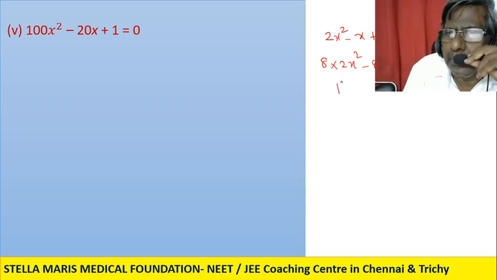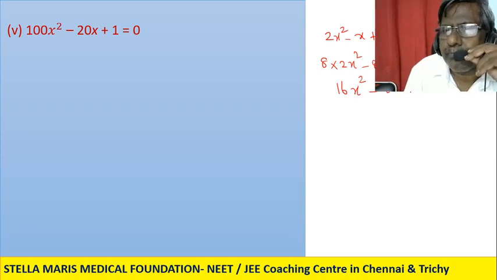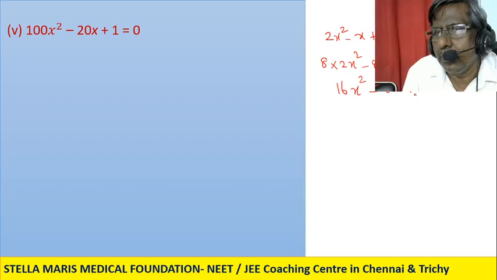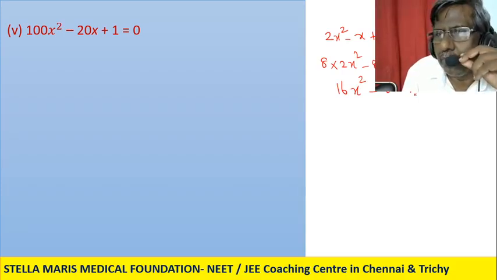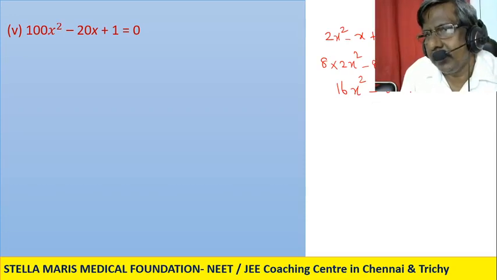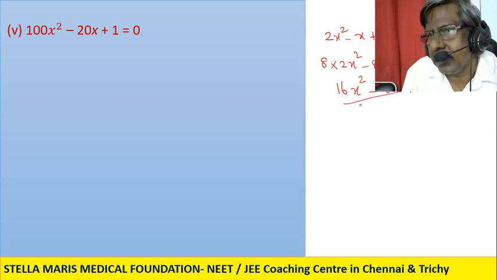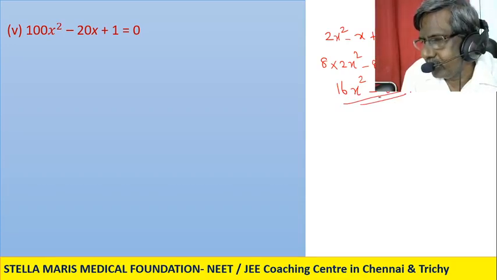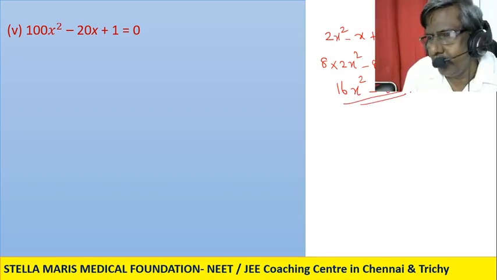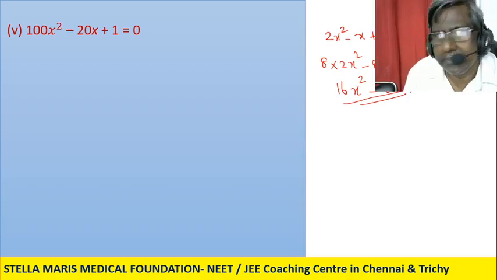The rest of the equation can be formed like this: 16x square minus 8x plus 1 is equal to 0. Now it can be written in factors, you can solve this equation and you will get it. Clear? You can solve it this way also, doesn't matter.